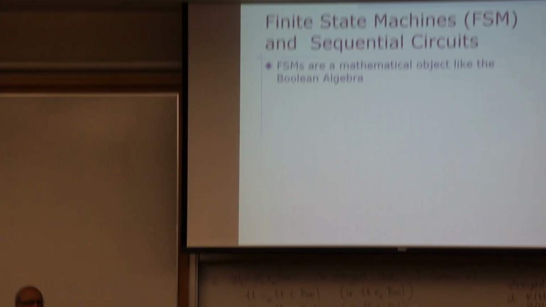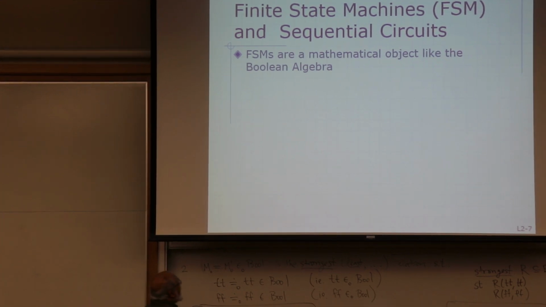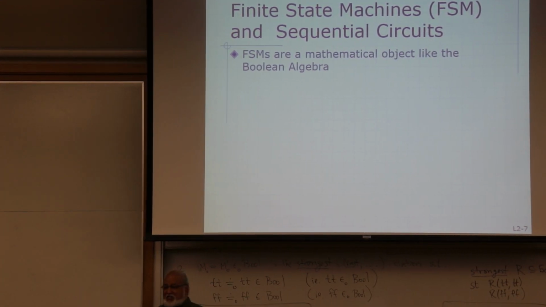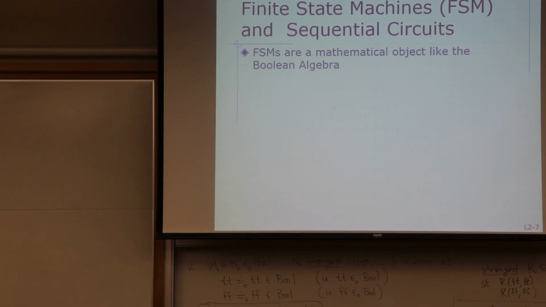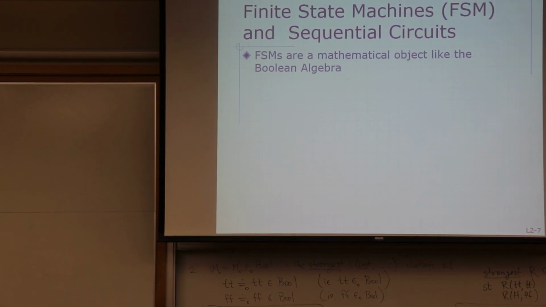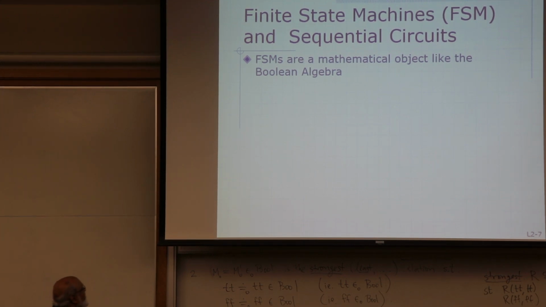Okay, so finite state machines, so this is just terminology. I use the word sequential machines all the time because I'm a double E, so sequential machines, sequential circuits. So FSM is a mathematical object, and you are all familiar with Boolean algebra.